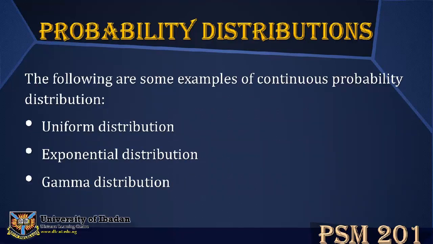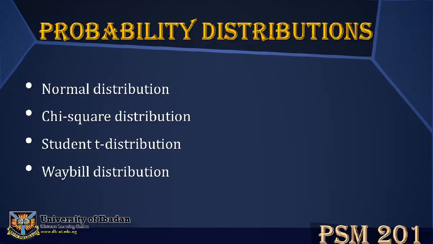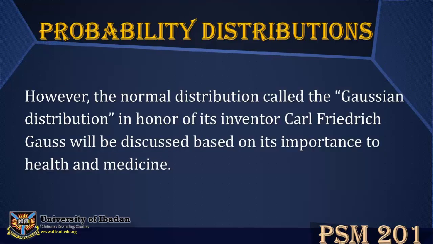The following are some examples of continuous probability distribution: uniform distribution, exponential distribution, gamma distribution, normal distribution, chi-square distribution, Student's t distribution, Weibull distribution. However, the normal distribution, called the Gaussian distribution in honor of its inventor, Carl Friedrich Gauss, will be discussed based on its importance to health and medicine.